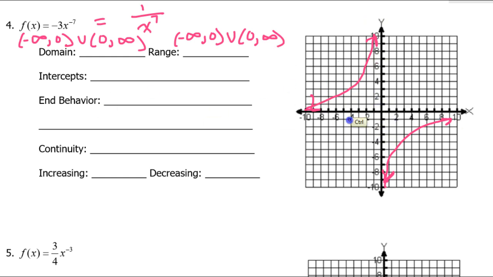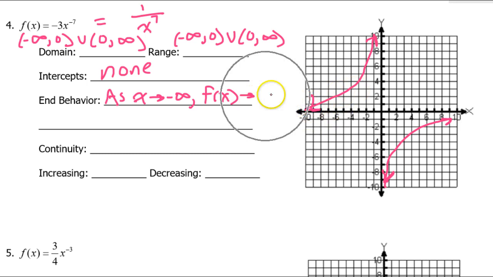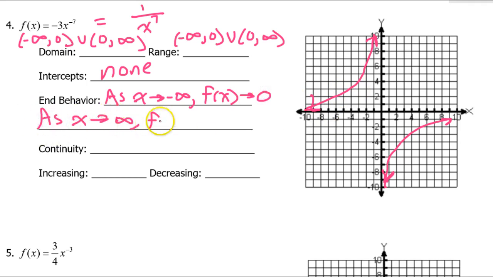Intercepts, there are none, doesn't touch the x-axis or the y-axis. End behavior. As x approaches negative infinity, in other words, as we go to the left, f of x approaches 0. On the left side, it's approaching this asymptote. And as x approaches positive infinity, f of x approaches 0.